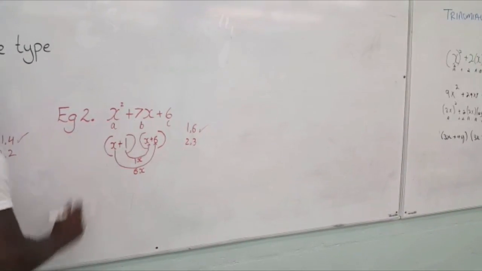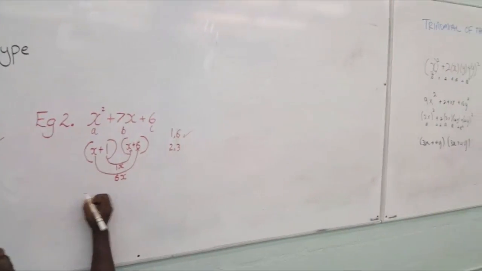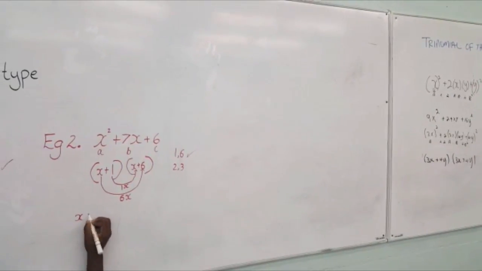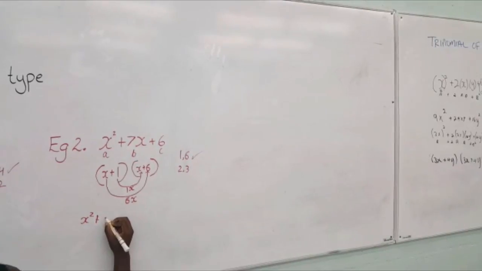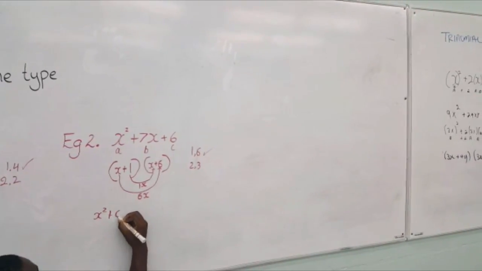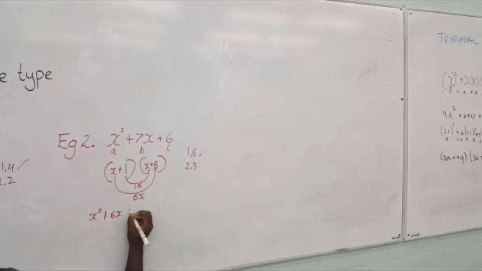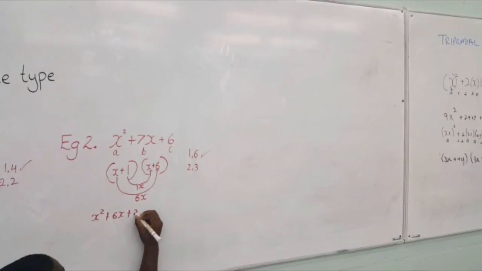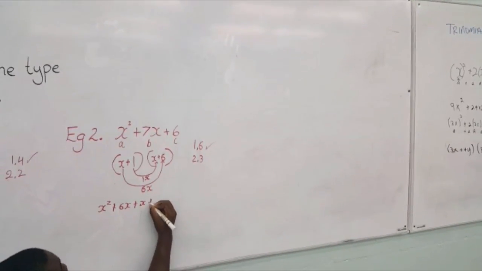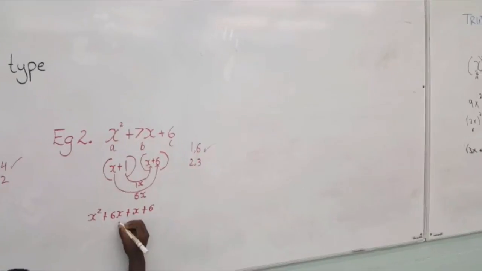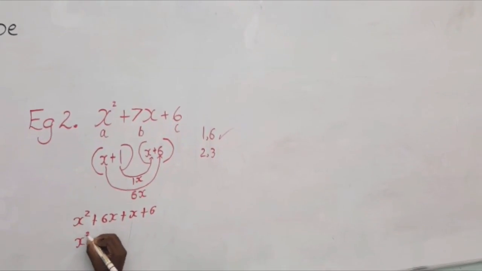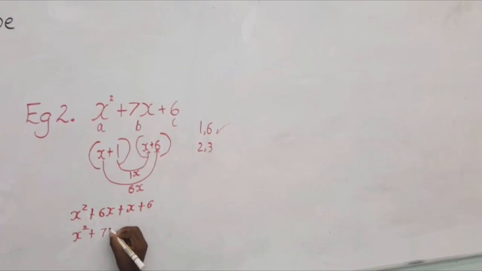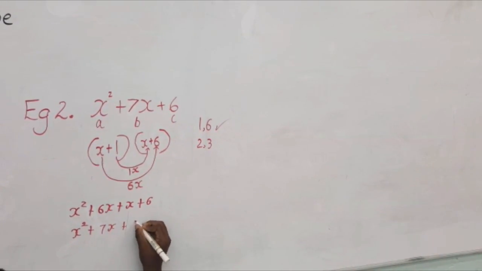And to show you the question, x times x to the power 2, plus x times 6 will give us 6x, 1 times x will give us x, and 1 times 6 is 6. 6x plus x will give back 7x, which will bring back the equation to x to the power 2 plus 7x plus 6.